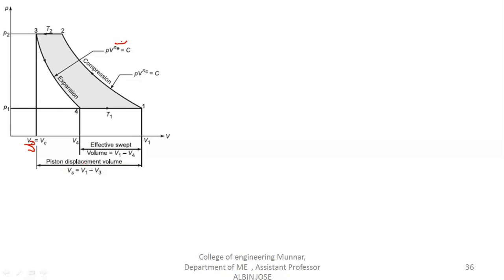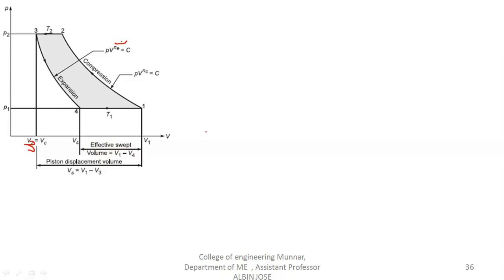It is denoted by Vs. The piston displacement volume is equal to V1 minus V3, or V1 minus Vc, because V3 is the clearance volume. But the effective swept volume, that is the volume through which fresh air is admitted into the cylinder, is nothing but V1 minus V4.